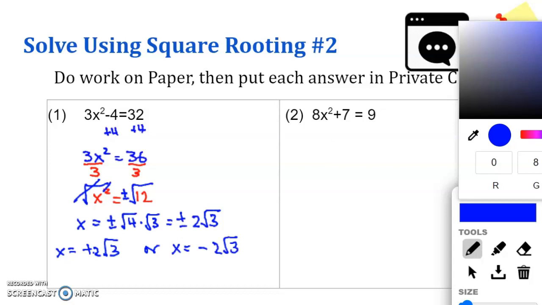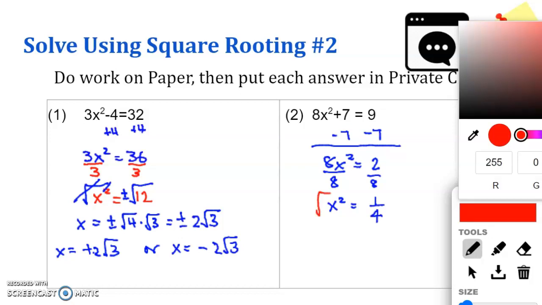What about this? Again, I'm going to subtract 7 from both sides, and that leaves me with 8x squared is equal to 9 minus 7, which is 2. Divide both sides by 8, and that leaves me with x squared is equal to 2 over 8, which is the same as a quarter. Then from here, I am going to take a square root of both sides.